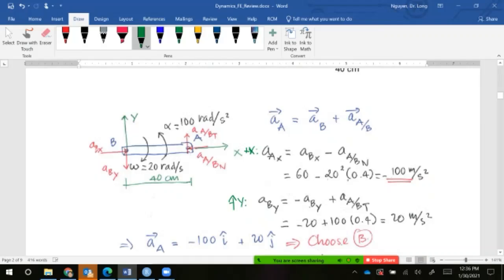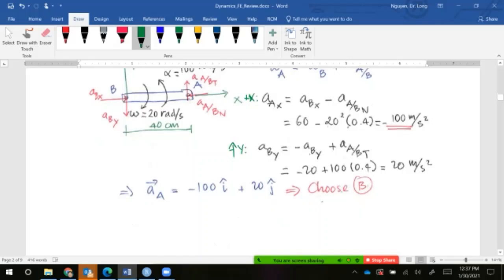So with the equation, normal component omega square r, we can find out negative 100 meter per second square. Similarly, aBy is given, and then A relative to B tangential equals alpha r. Alpha is 100 radian per second square. R, the distance between B and A, is 40 centimeters. So you get 0.4, and you can have 20 meters per second square. And that is the x and y components.